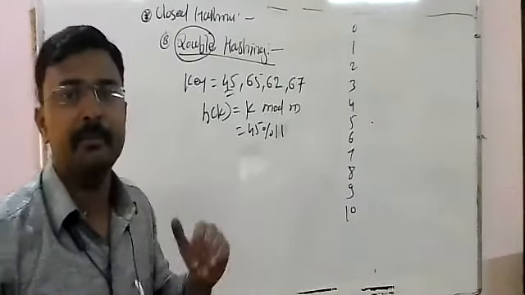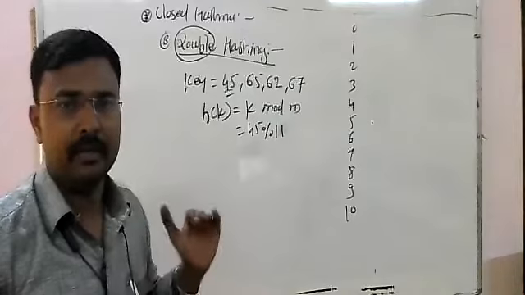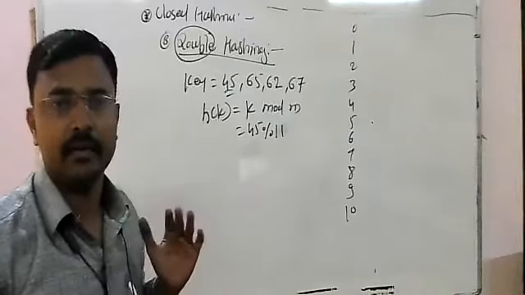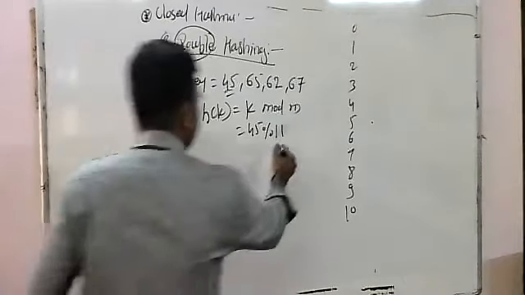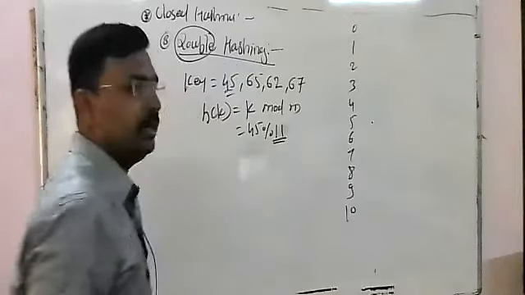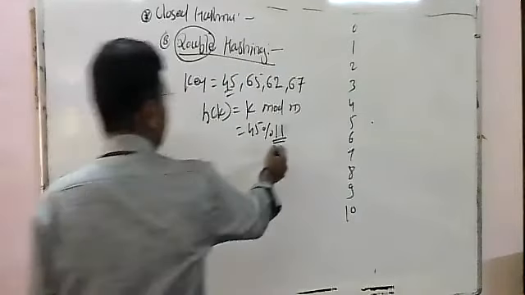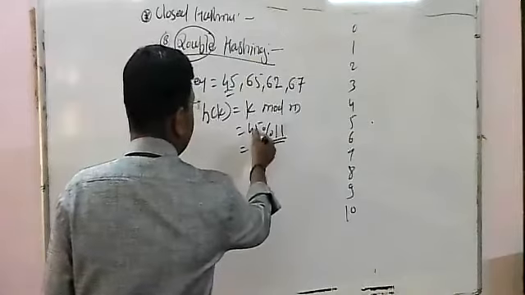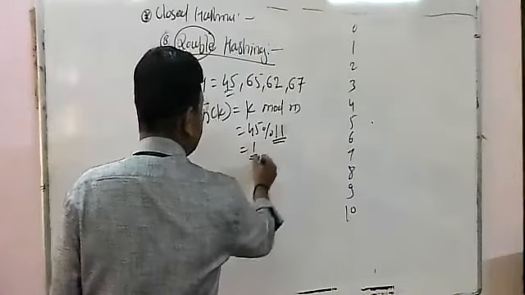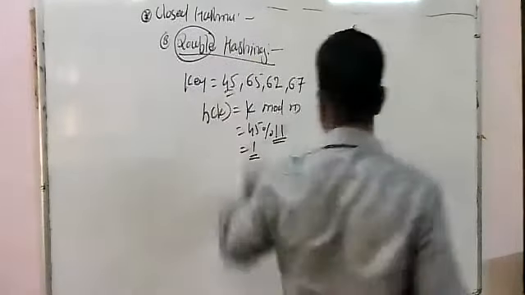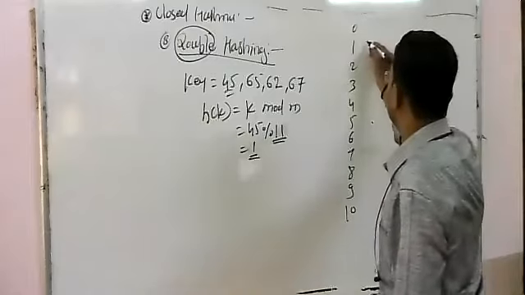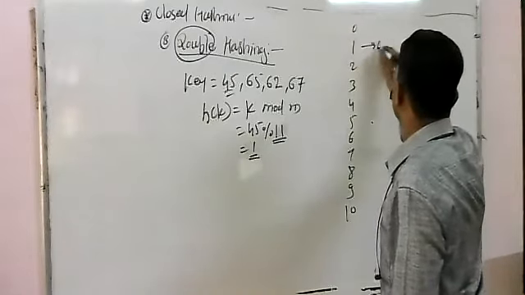It will be beneficial for you. So I have selected M size as 11. Now calculate 45 mod 11, which will be 1. So your 45 is stored at 1.